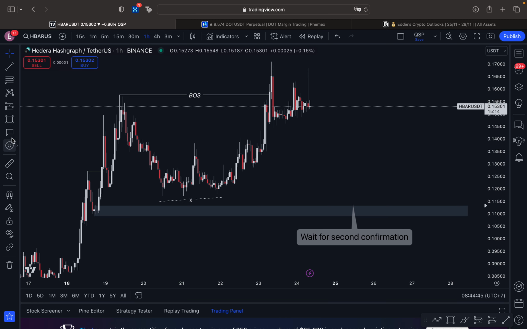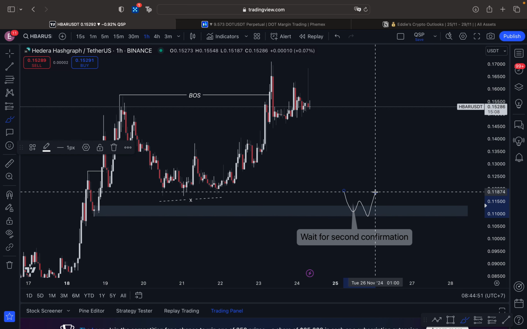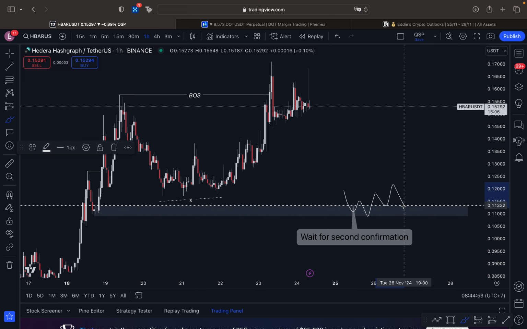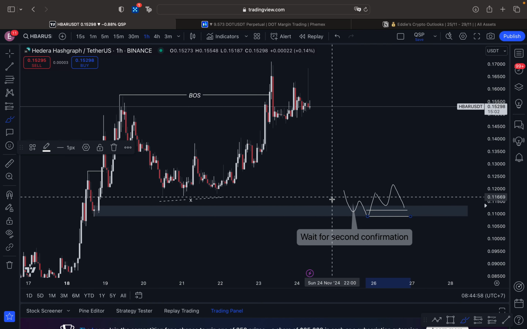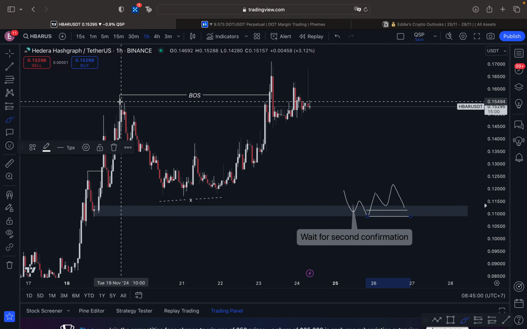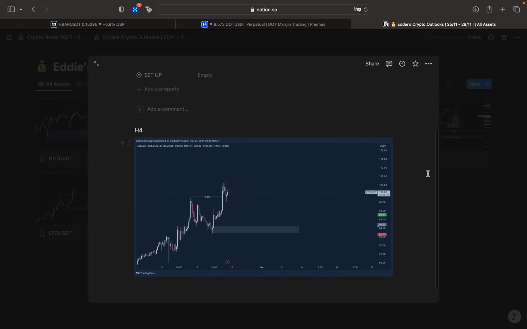What I mean by this is, instead of price coming in giving us a rejection candle, I want to see some type of CHoCH rejection, or maybe an FBOS and then come down to a demand zone here. That's like a structured confirmation I want to wait for. So we're gonna use this as an outlook as well.